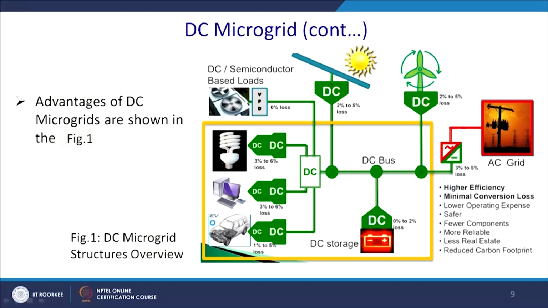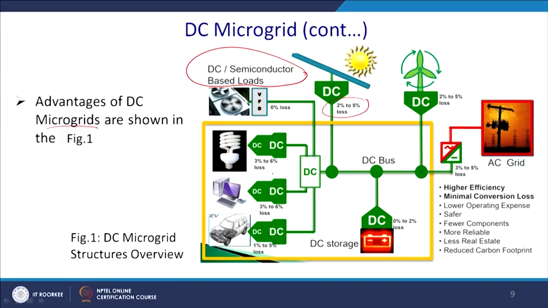So, this is the advantage of the DC microgrid, it is shown here. This is the DC microgrid loads, that is VFD, variable frequency drive. You may have a solar panel and you have only 2 to 5% loss, and thus you have a DC grid.